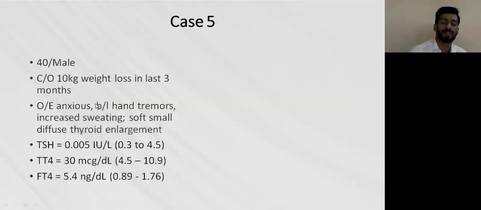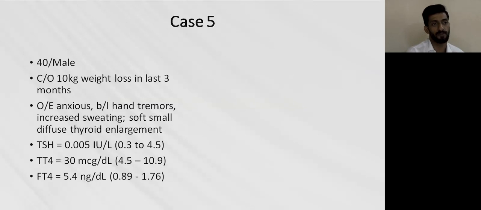Cases. Okay, first case. 40 male, 10 kg weight loss in 3 months, anxious, bilateral hand tremors, increased sweating, soft, small, diffuse thyromegaly. Labs: TSH is extremely suppressed, 0.005.